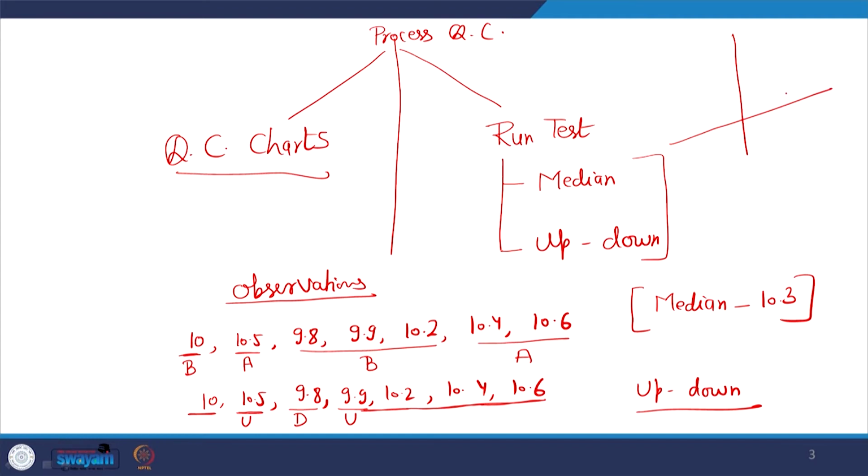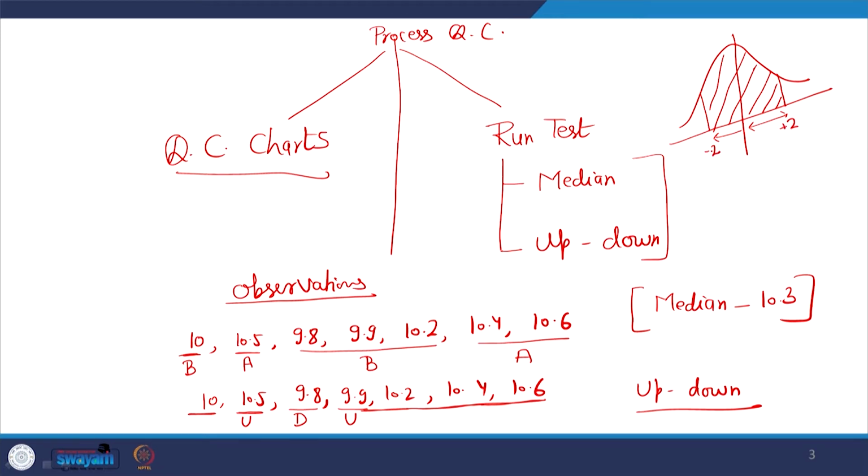So your expected number and the difference in the actual number will give you some z value. And now, if that z value is within your expected limits, let us say plus minus 2, this is plus 2z, this is minus 2z.